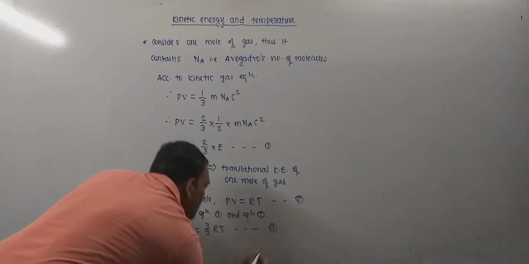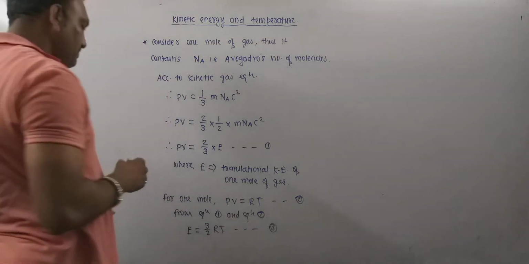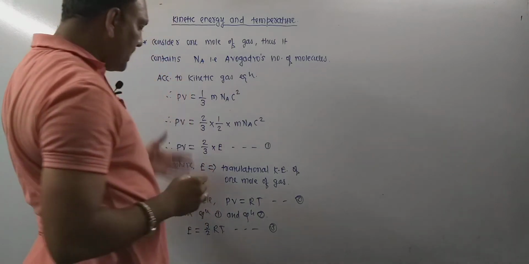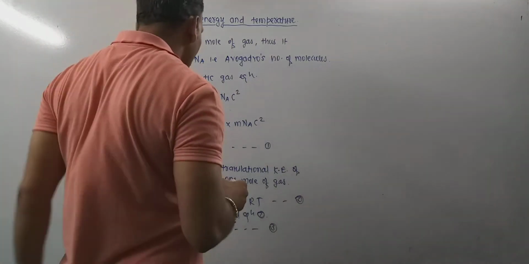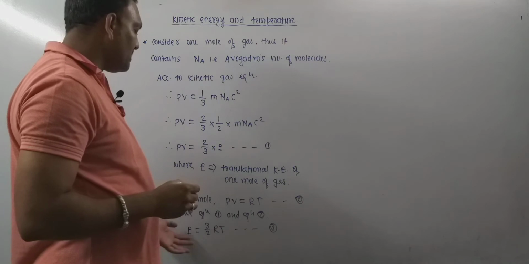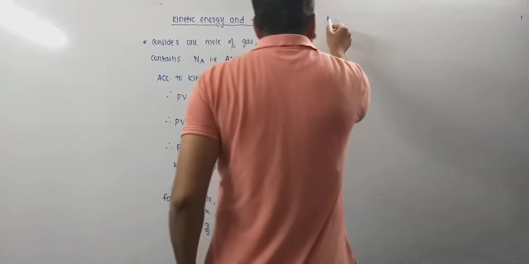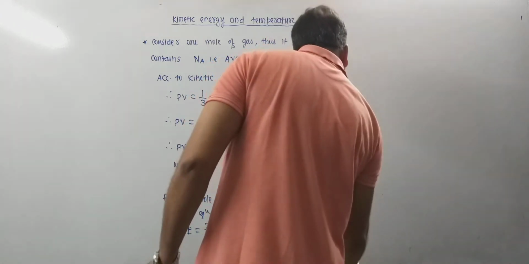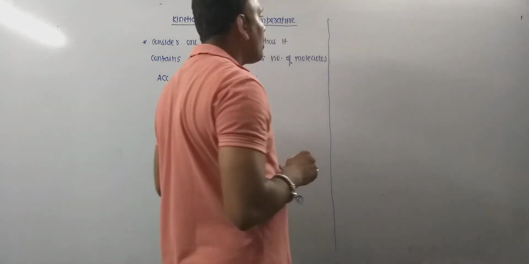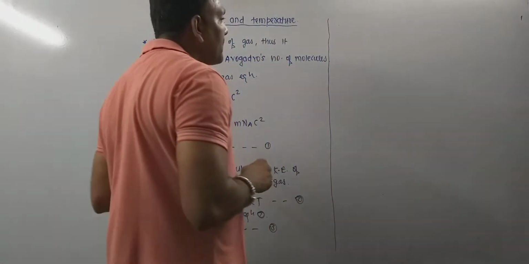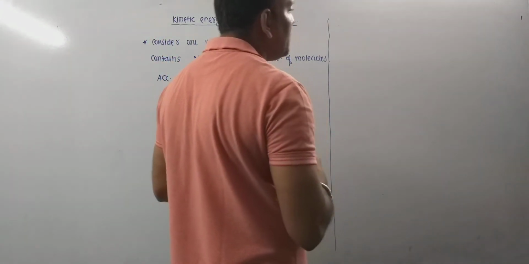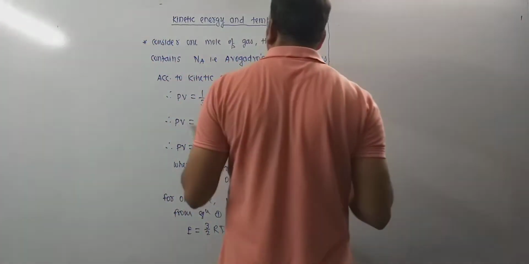Now this is supposed to be equation 3. So by comparing 1 and 2, one can give that the translational kinetic energy equals 3 by 2 RT. So thus we know that the translational kinetic energy is proportional to the absolute temperature.